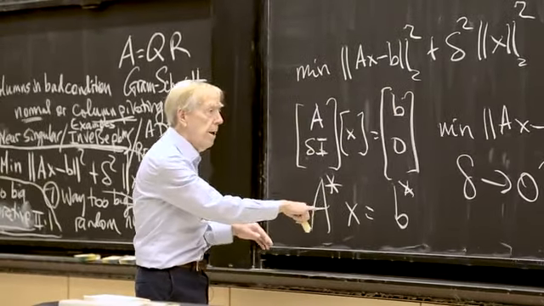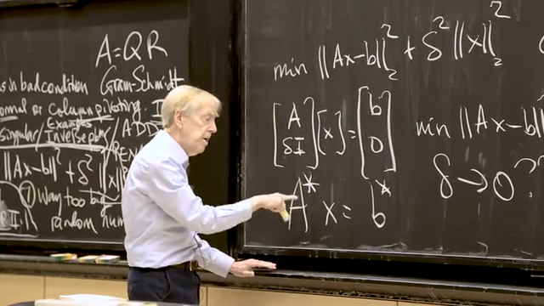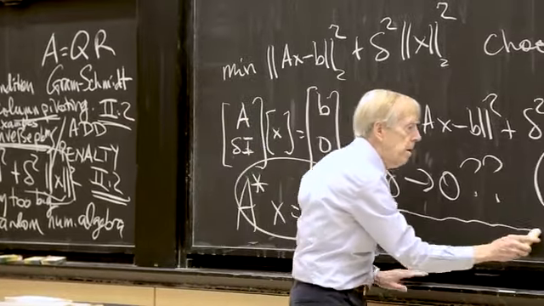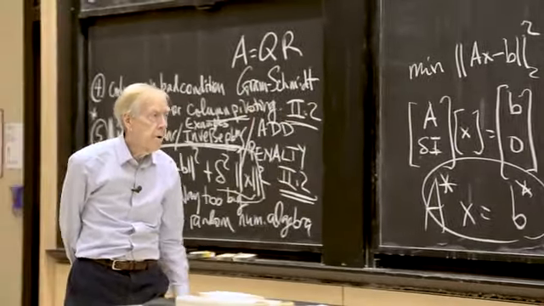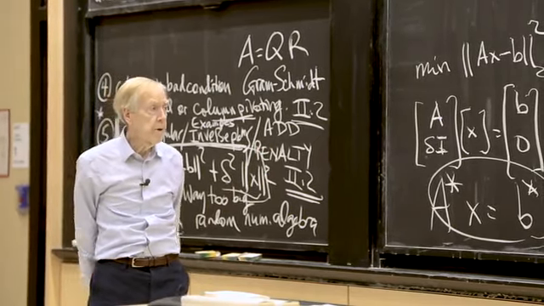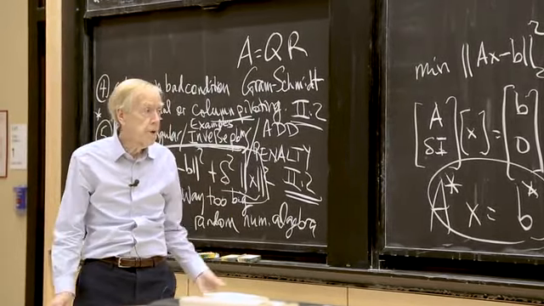So really, I've written here what that is, A star transpose A star. This is least squares on this, gives that equation. So all of those are equivalent statements of what the penalized problem is that you're solving.